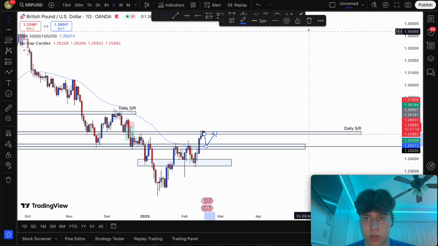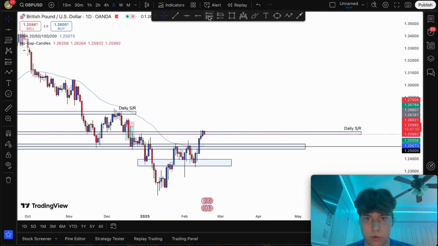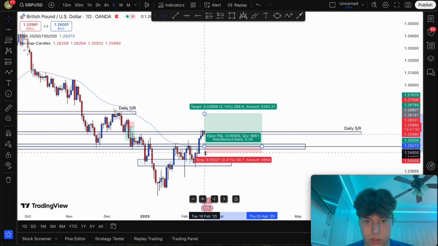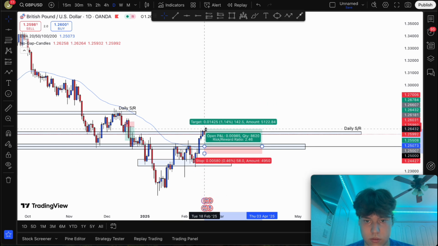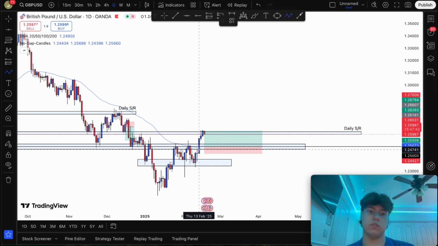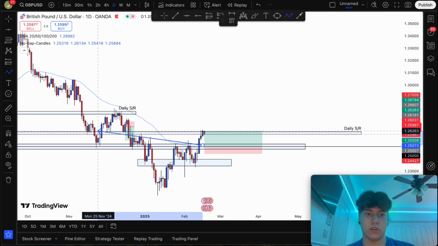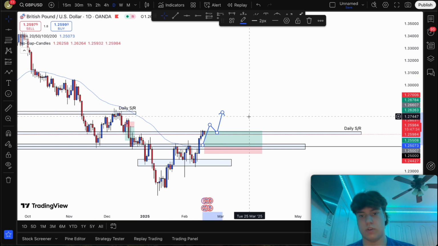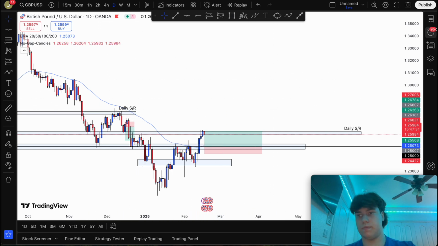And I'll most likely have a risk to reward something like this, depending, something like that. And if we end up closing above this other area of interest right here, I'll continue to hold because it'll use it as support to this area of interest right up here. So yeah, that's this trade.